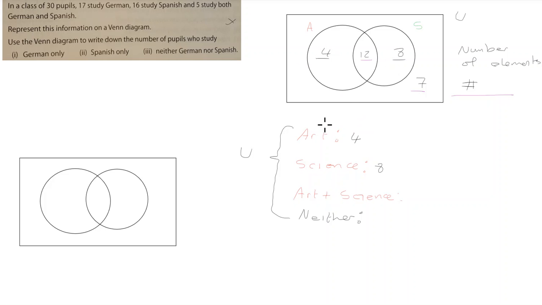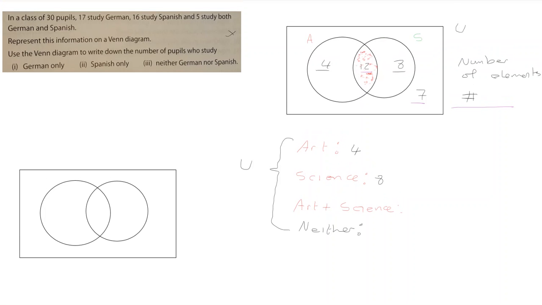So this is a way that we could represent a real world situation using Venn diagrams. We have group A, group S, and the intersection in the middle where you have students that do both science and art.